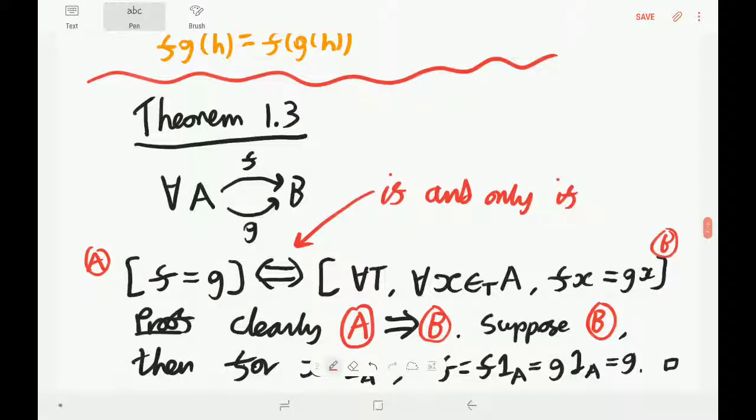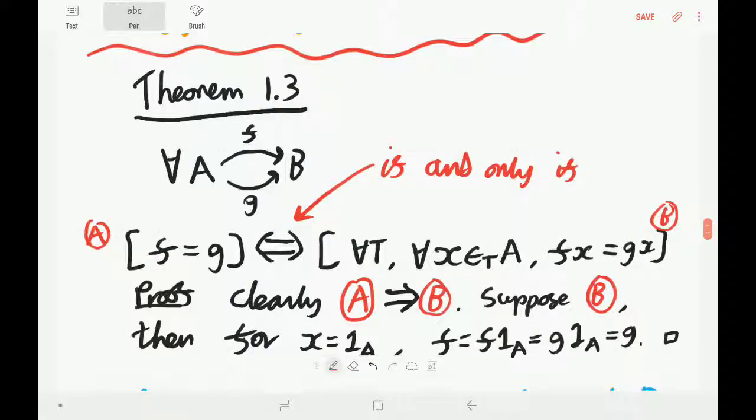Now, this is a very, very useful result. This is about when we can tell if two arrows are equal. Say we have an arrow F and an arrow G, they're parallel arrows, and we want to figure out, are they the same?